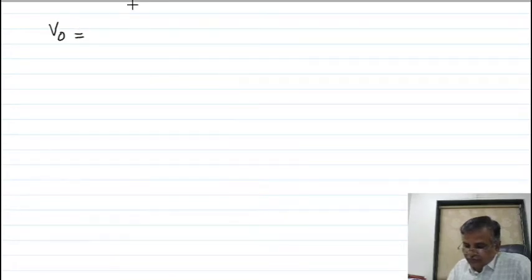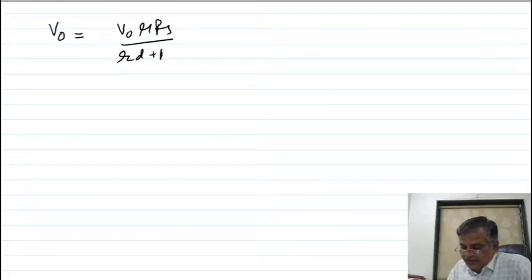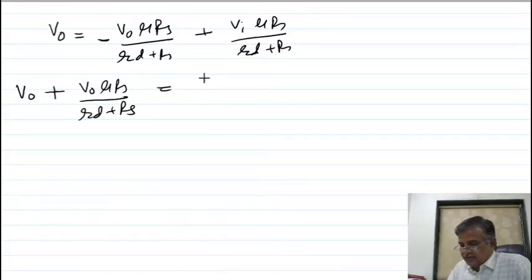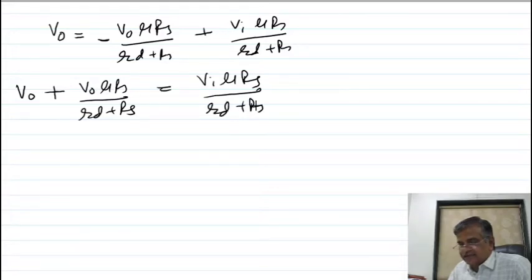I will take this on the other side, so I can write Vo is equal to Vo into mu RS upon RD plus RS plus Vi into mu RS upon RD plus RS. So Vo I have taken on the other side: Vo mu RS upon RD plus RS is equal to Vi mu RS upon RD plus RS.